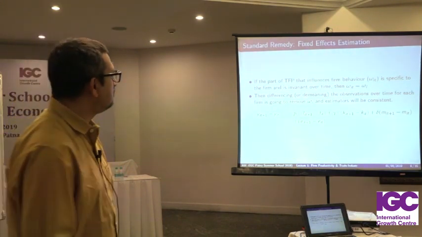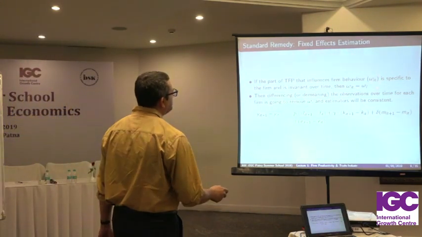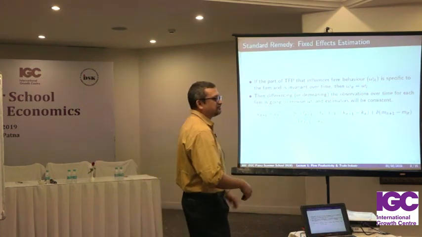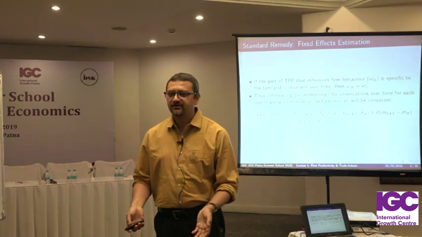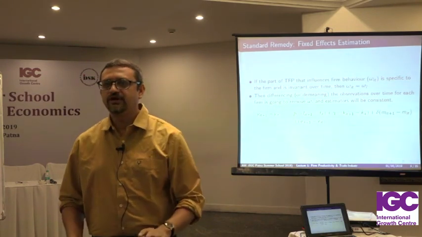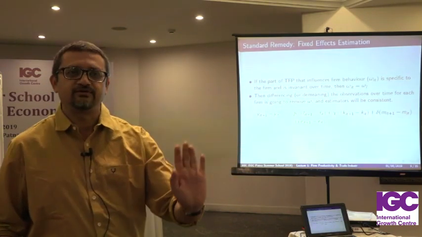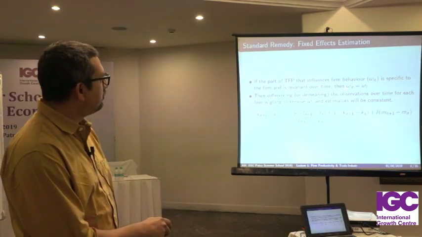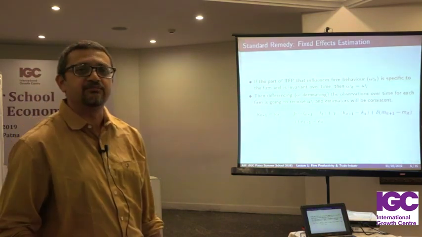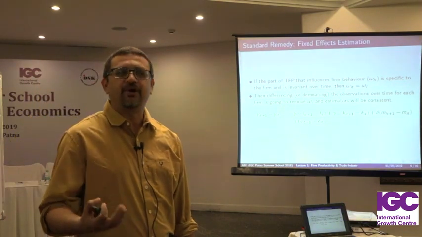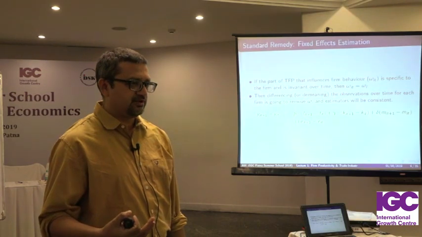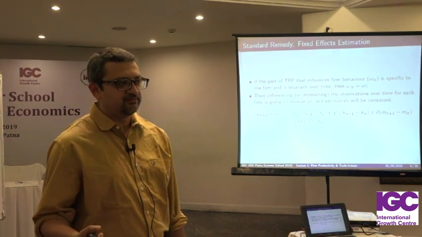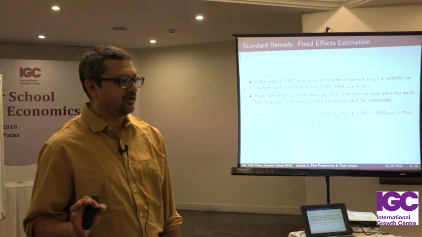This is not new information that's revealed every period. The firm is good all throughout, it knows it, you don't. So omega it is just omega i: each firm has some part that it knows, it doesn't vary over time, but you as an econometrician have no idea what it is.